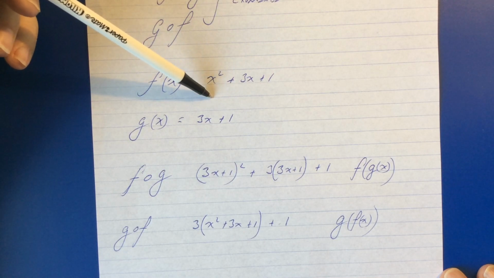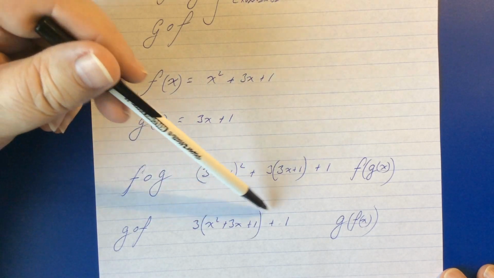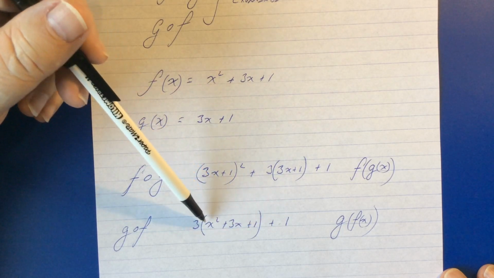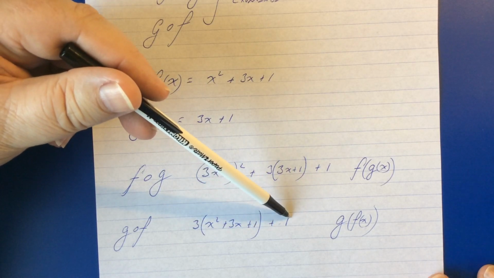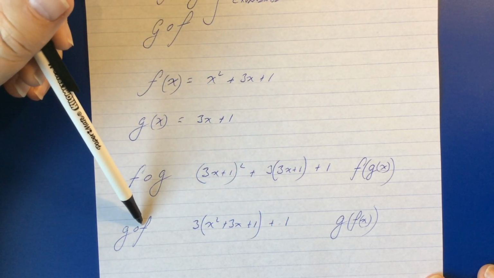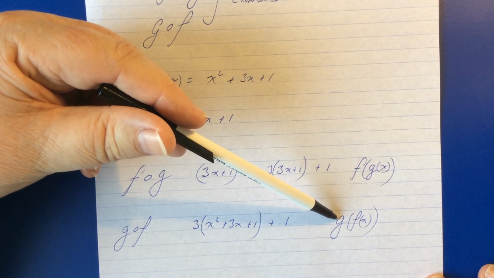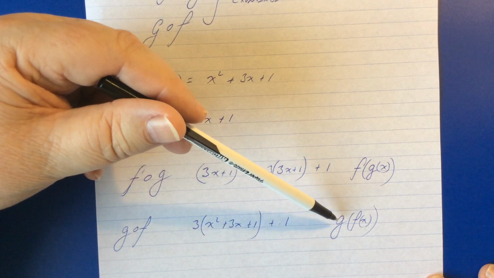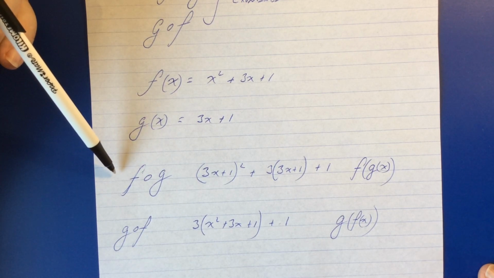So the result is, and I haven't bothered to expand this because it's easier to see in an unexpanded form, instead of this being 3x plus 1, it becomes 3 into x squared plus 3x plus 1, plus 1. And that is the function g of f, sometimes written, and perhaps more comprehensibly written, as this, function of x within g.